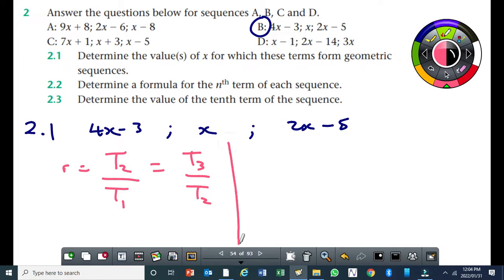Therefore, if I want to find x, I just have to equate the first ratio to the second ratio. So that will be x over 4x minus 3. This is equal to 2x minus 5 over x.